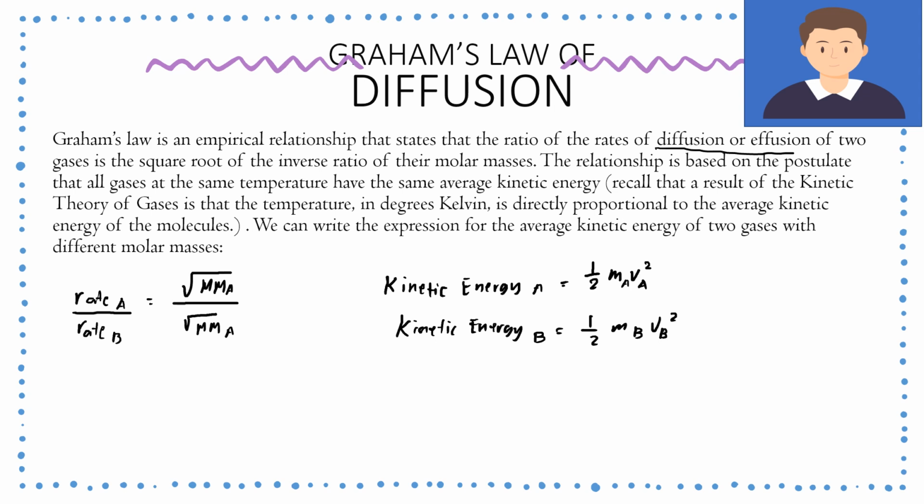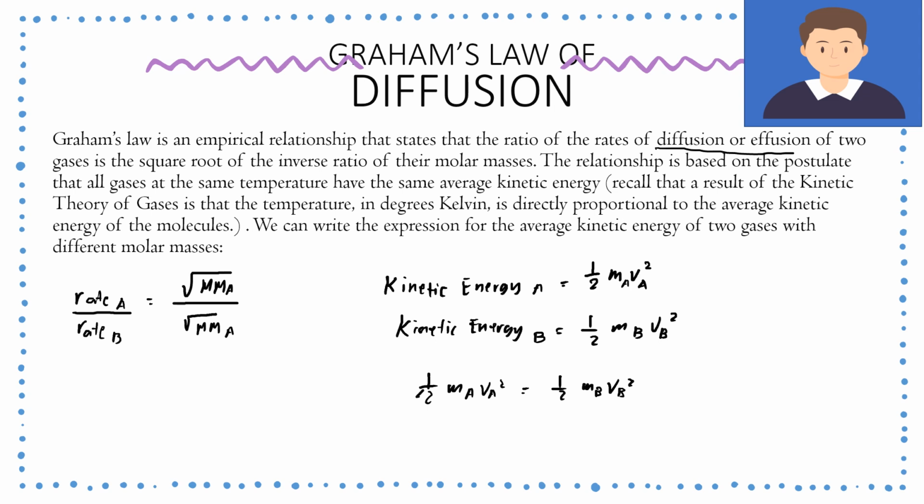Since, from the kinetic theory of gases, the temperature in Kelvin is directly proportional to the average kinetic energy, we can equate the kinetic energy of A to the kinetic energy of B. So we have 1/2 ma va squared is equal to 1/2 mb vb squared.